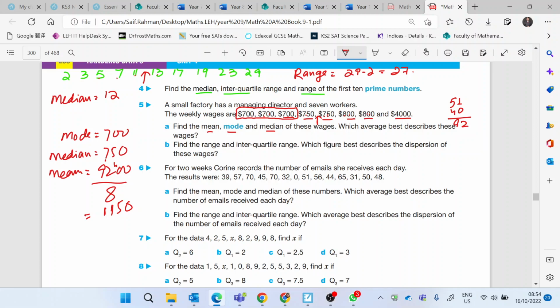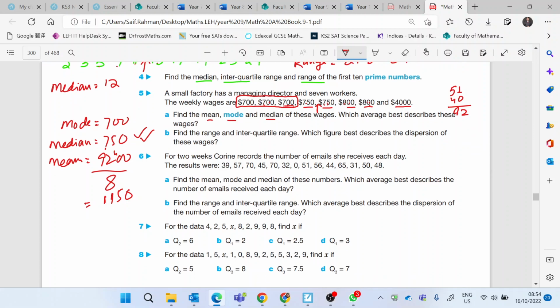Only one person has 4,000. That's an outlier. So in this case, the median describes the best, because it's in the middle of 700 and 800.